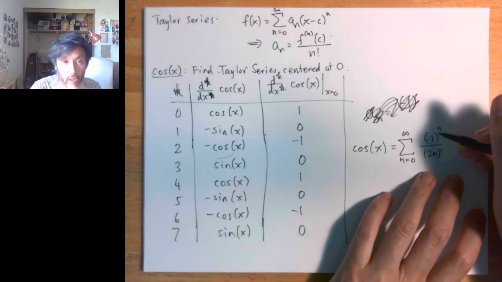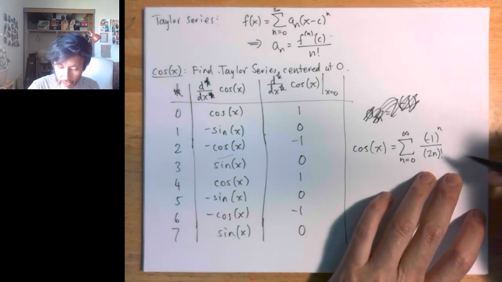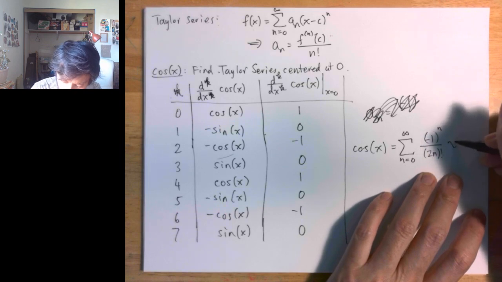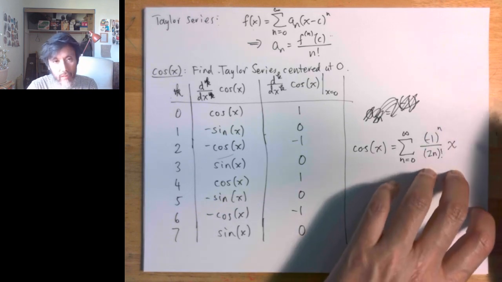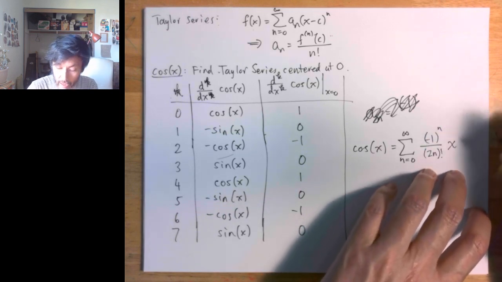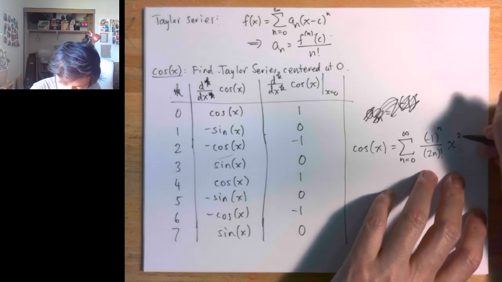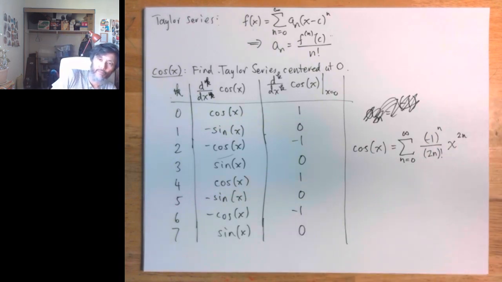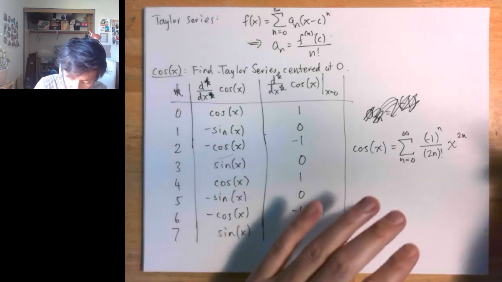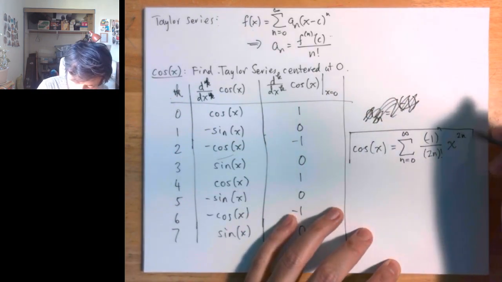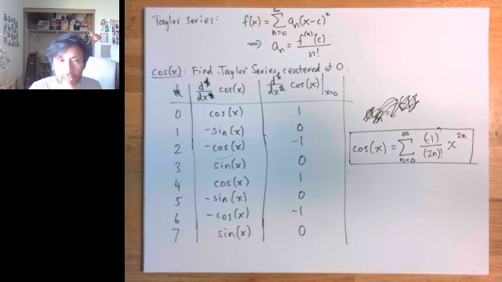So this is our coefficient. What is the x term, the x bit? Well, that's going to be x minus c, which is x minus 0, to what power? The 2n power. Okay. So now, there it is. We have the cosine of x in our grasp.